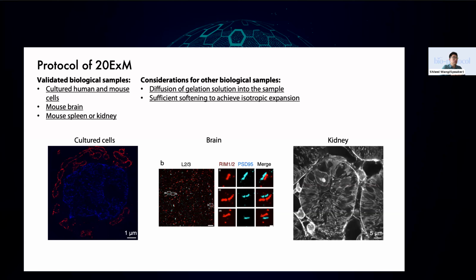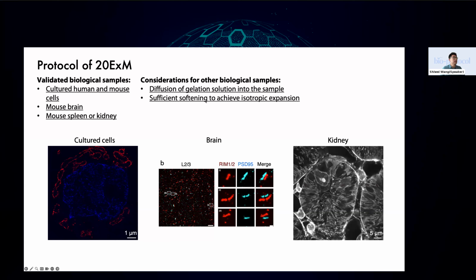And the two main considerations in optimizing for different tissues, one is whether there's enough time for diffusion of the gelation solution into the sample. So if you have a really thick sample, or a sample that has a very hard core, that might create difficulty for the gelation solution to diffuse into the sample within the time frame that's enough for it to diffuse into, say, a 50 micron thick mouse brain tissue.